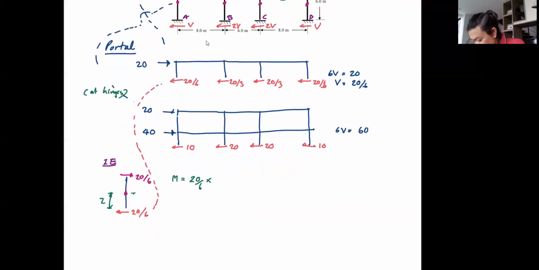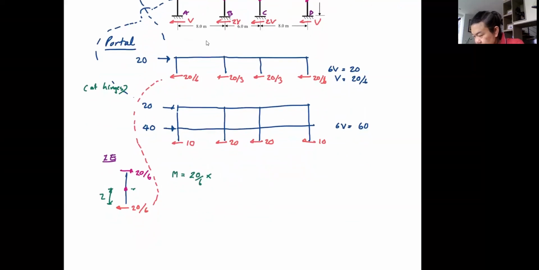So the moment here is 40/6. What's the unit? Kilonewton meter. And when you take the moment here, your shear is going to the left, so your moment must be in this direction. And on top, the shear goes to the right, so the moment must go to the left to balance.